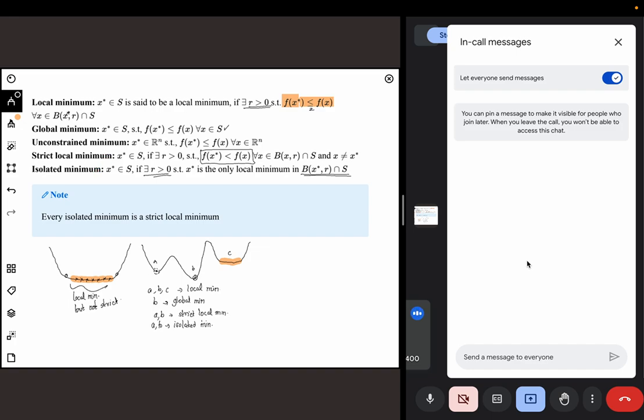Now, what about the converse? Can I say that every strict local minima is an isolated minima?